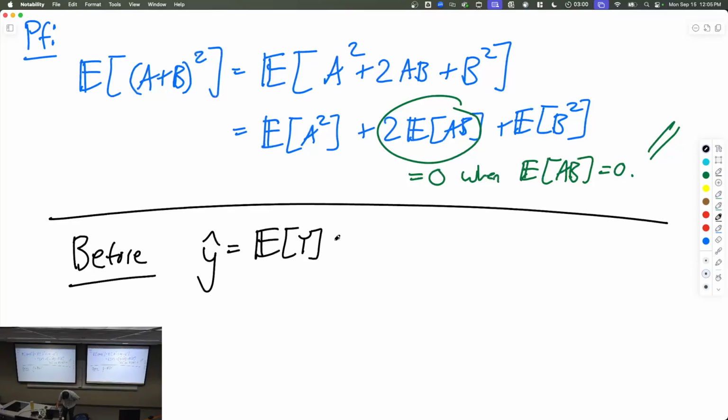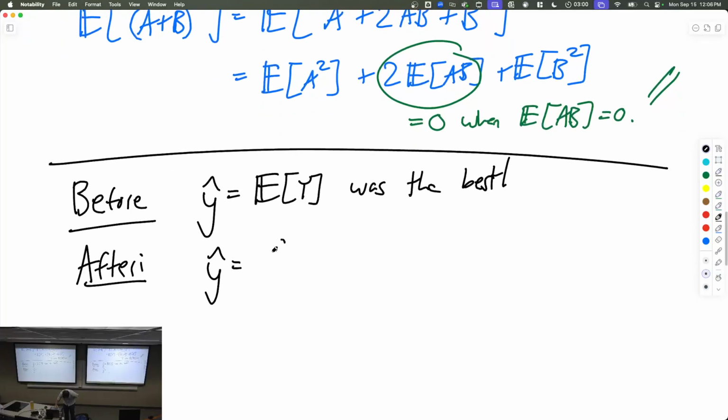It was the best. But now you are not told the sides of the dice, so you cannot possibly compute the expected value of y. You have to do something where y hat equals some combination of the data that you saw. And the data that you saw is these samples, y1 up to yn.